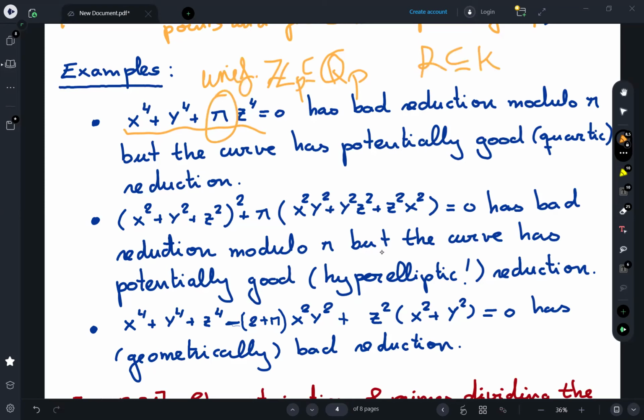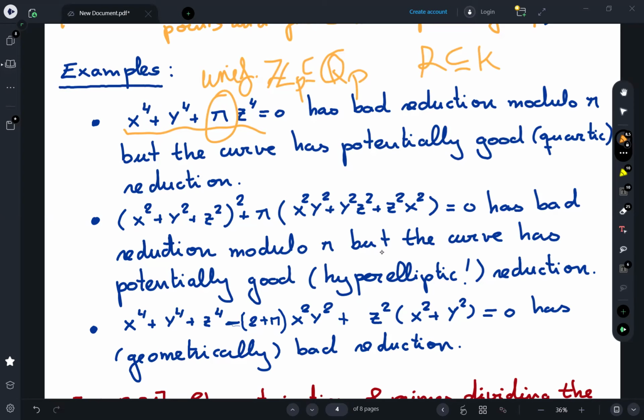If you look at this plane quartic, that is isomorphic to the Fermat quartic, if you reduce modulo pi here, you get something that is bad reduction. But actually, here it is very easy to do a change of variable for which you get good reduction. The only thing that you have to do is divide the variable z by the fourth root of pi.